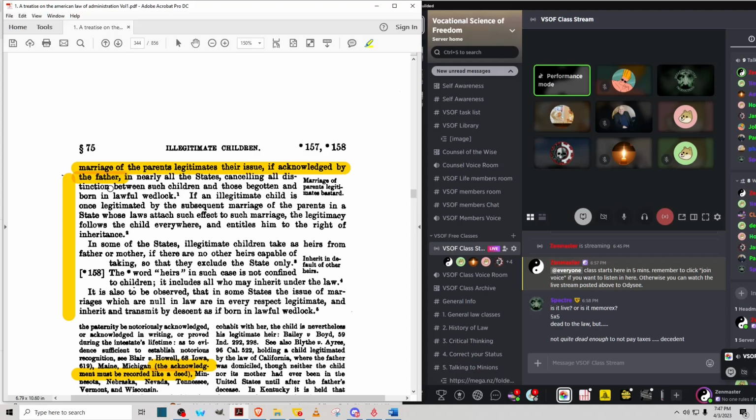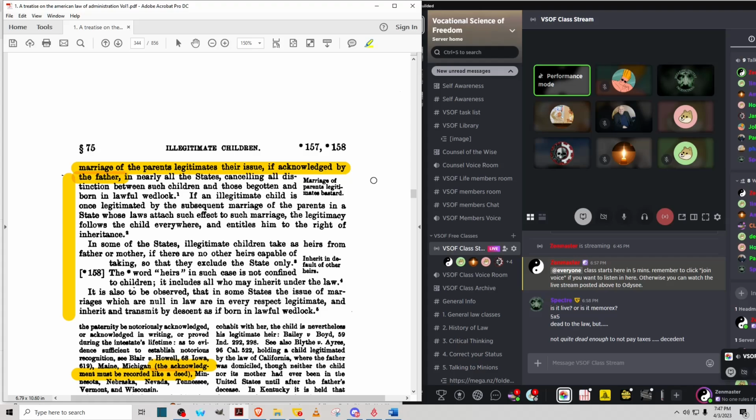Father doesn't come to claim it. 7 years, abandonment, presumption of death, all the rest of this kicks in, right? And then after 21 years, the presumption that they're citizens of the United States kicks in as well, unless rebutted, right? So again, this is all by presumption. But again, if acknowledged by the father, nearly all states cancel all distinction between such children and those begotten and born in lawful wedlock.